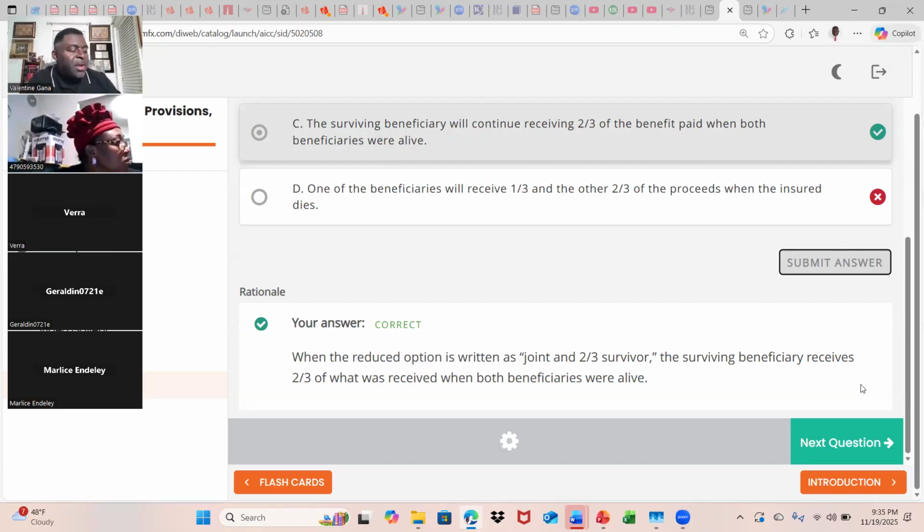Because if somebody challenges your will and it did not meet the requirements of state law, the court is going to throw it out. So a will must be valid, and there are certain attributes that make a will valid.